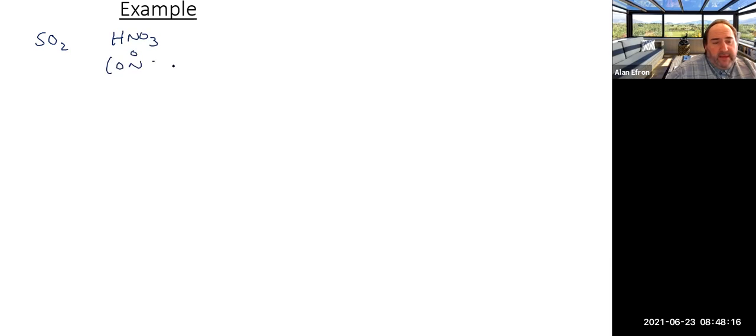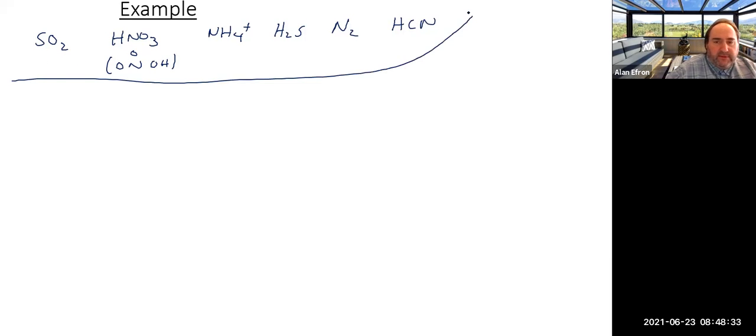This is how the atoms are arranged. Why don't you draw NH4 plus, H2S, nitrogen, and why don't you draw HCN? All right, so take a few minutes here, draw up some good Lewis structures for these guys, and we will then go through them together in just a second.